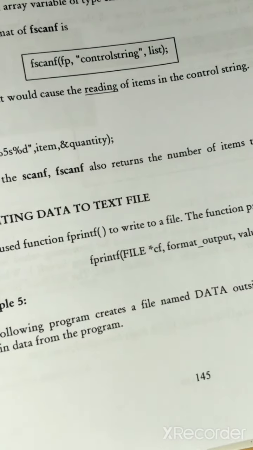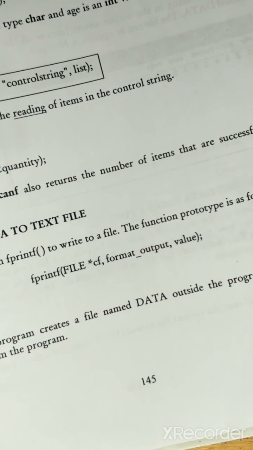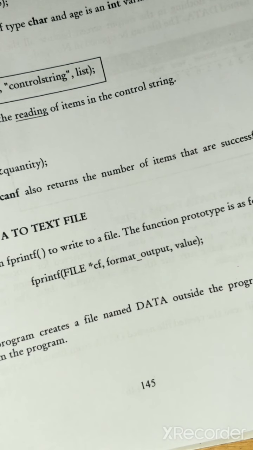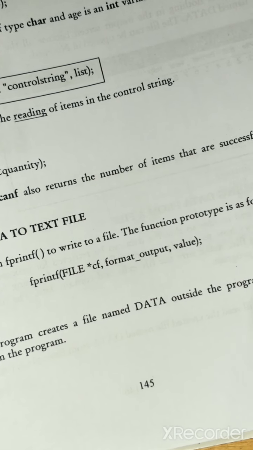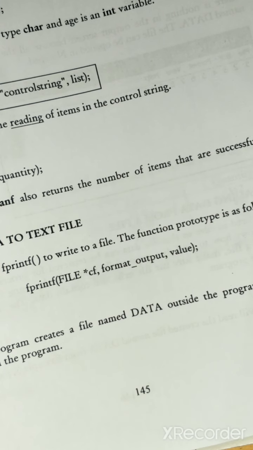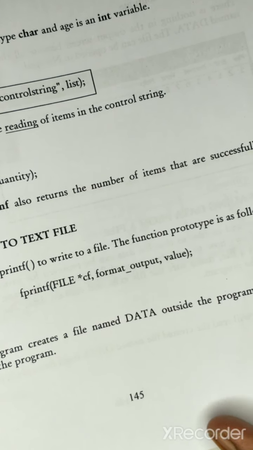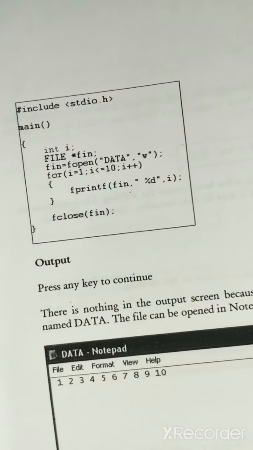In the following example, we create a file named data outside the program. The file will contain data from the program, which means we input the data through our program. Look at this very short example.